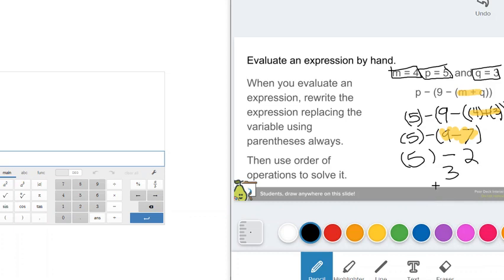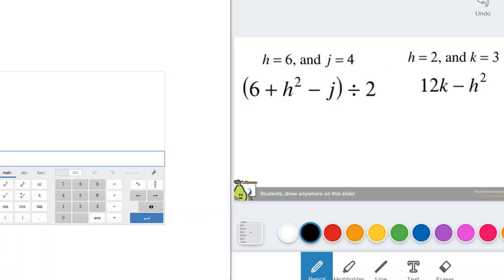This is if you're evaluating the expression by hand. But remember that you have access to the calculator as well. When you're going to do this with the calculator, I recommend that you write it down first. So let's take a look at this other expression. We're going to use the calculator finally to solve it.